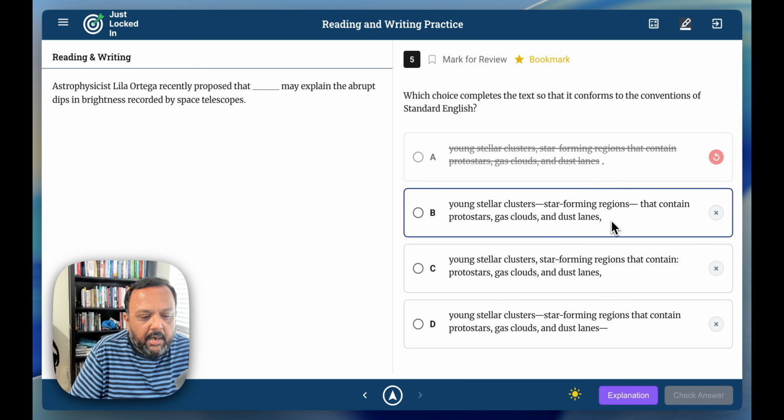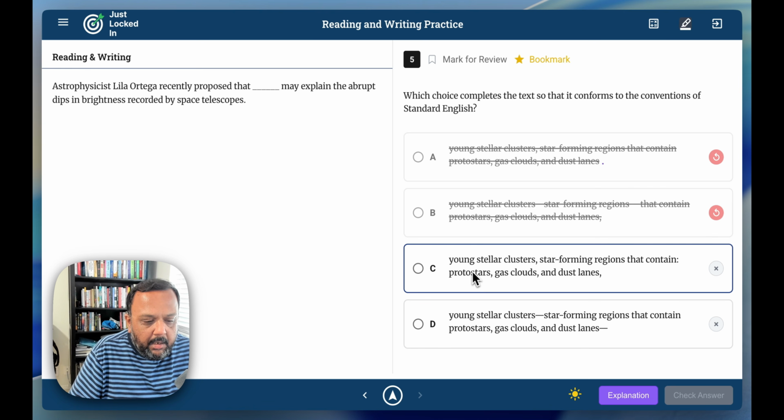This is also not the correct answer because this whole thing describes young stellar clusters, not just star-forming regions, and therefore this is also not the right answer. Now, if you look at this one, young stellar clusters, star-forming regions that contain protostars, gases, this is not even grammatically correct. Okay, so therefore this is not the right answer.